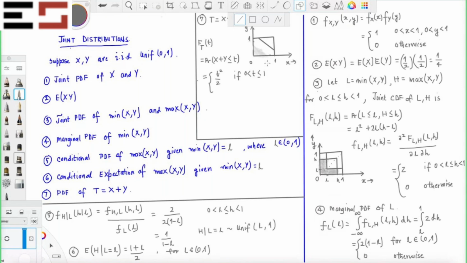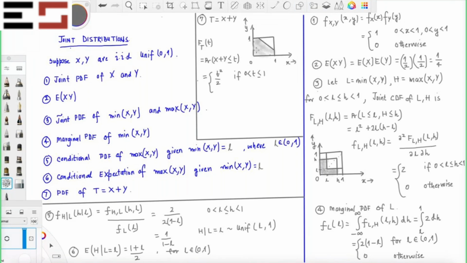And in that case, I have to do the integral of the joint density over this region.